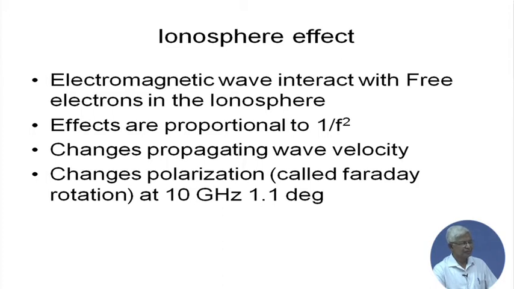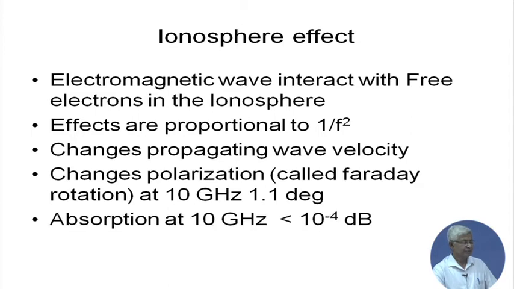The depolarization effect will of course create a certain cross polarization component, which is also very small because of the small degree of rotation. But this is just a typical number. It varies, as I said, from place to place, time to time, depending on the total electron content or the density of the electrons through which the signal is passing.